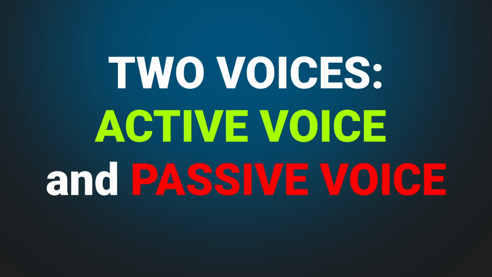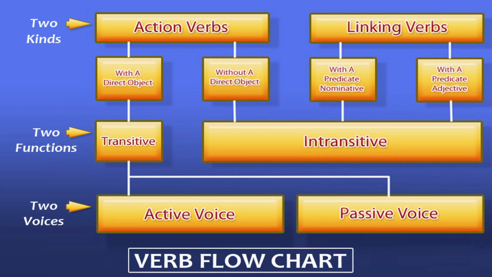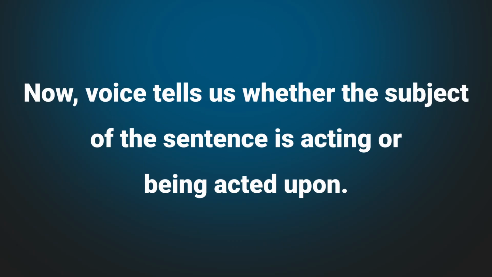There is active voice and passive voice. Let's look at the verb chart again. I want you to notice only transitive verbs have voice. Now, voice tells us whether the subject of the sentence is acting or being acted upon.